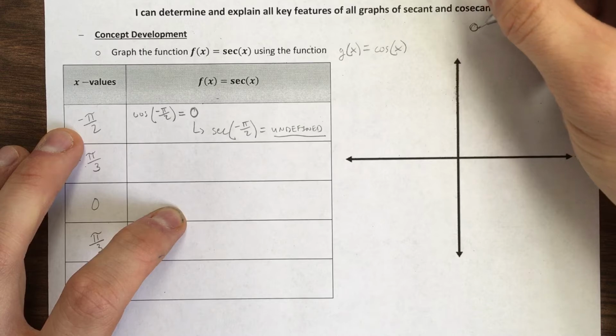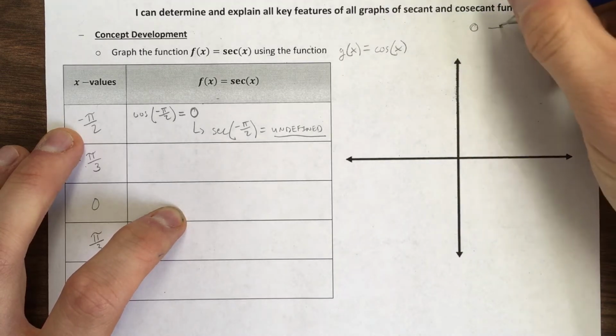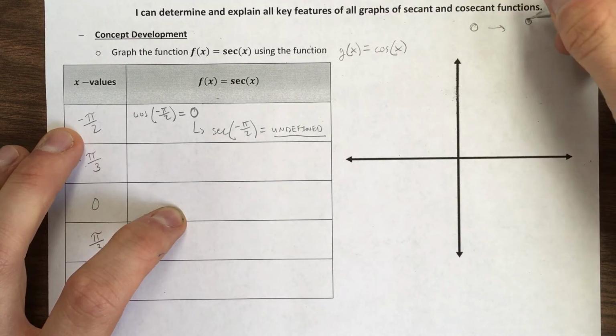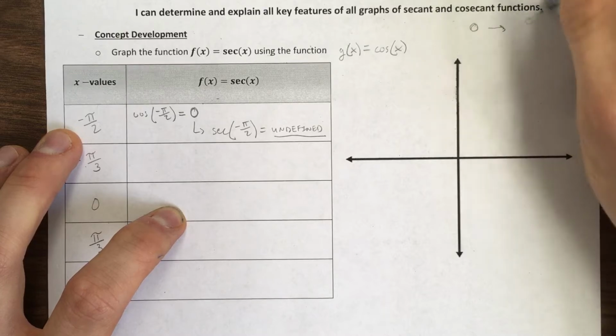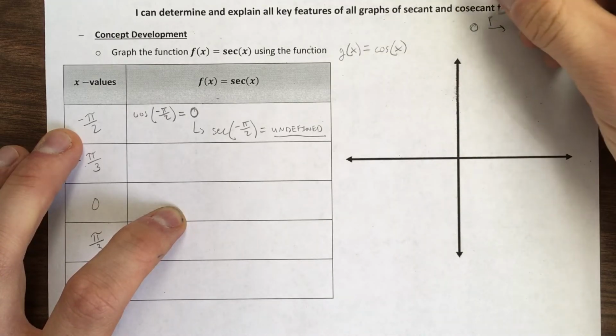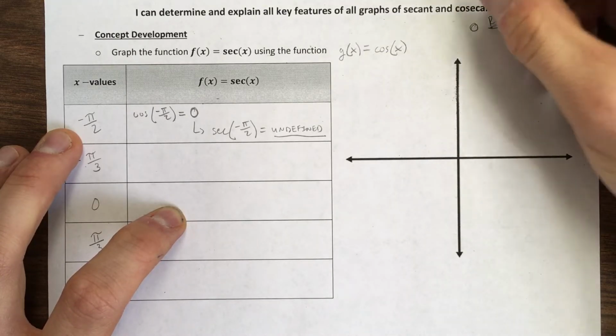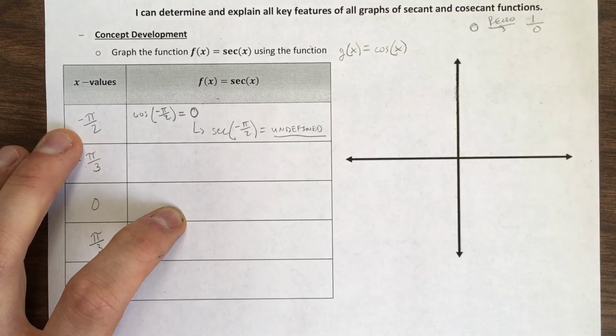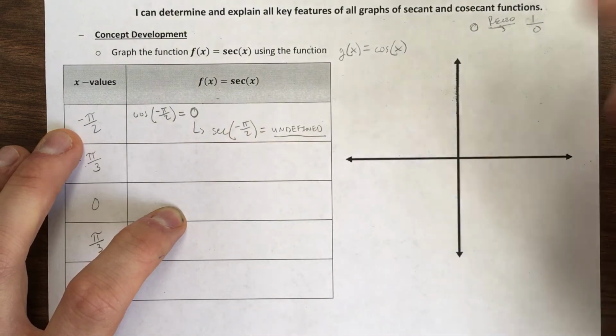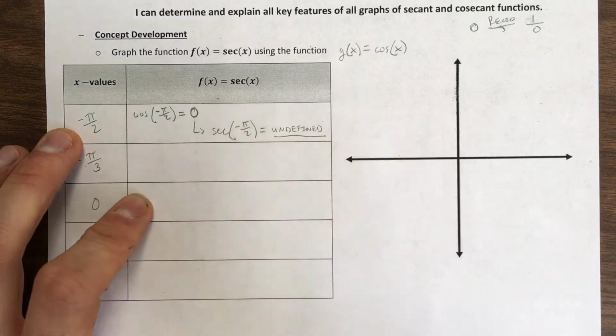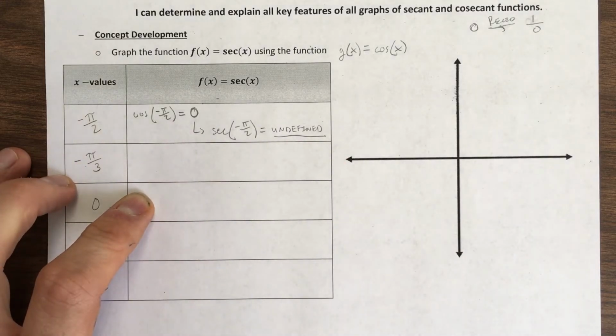Because if you think about it, the reciprocal of 0 is 1 over 0. That's going to be undefined every single time. So the secant of negative pi over 2 is undefined.